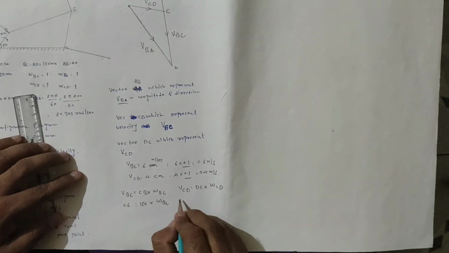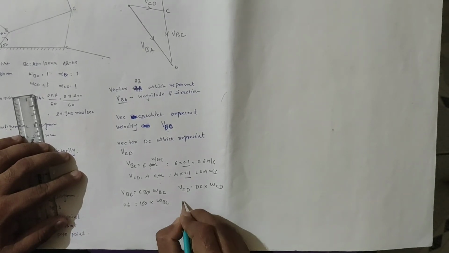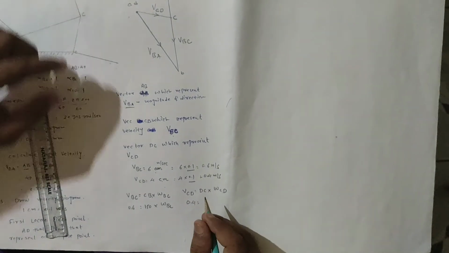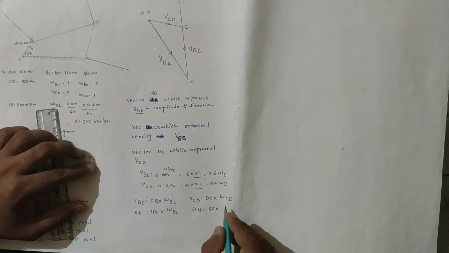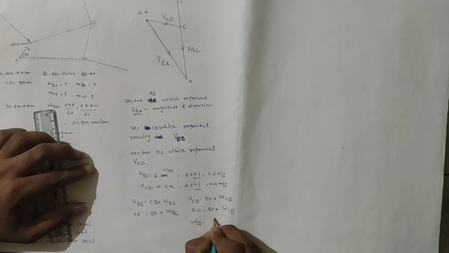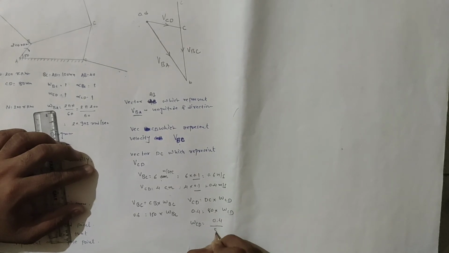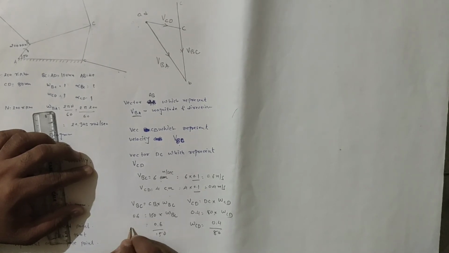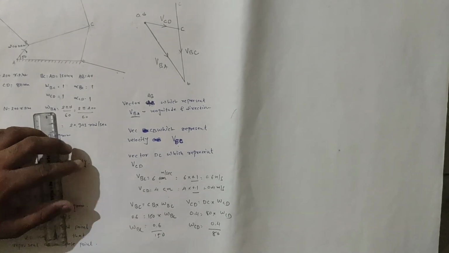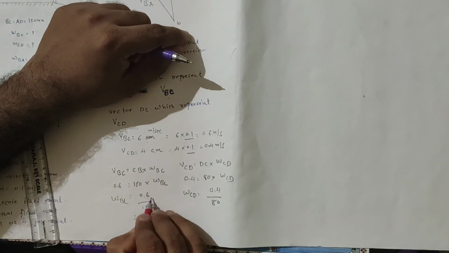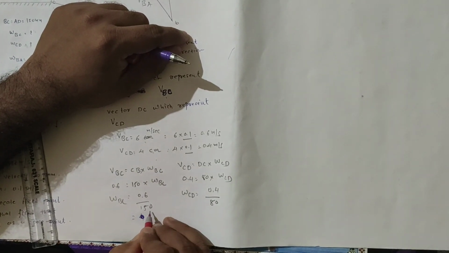So here once again VCD is 0.4, and DC is equal to what? This is 80 mm, and omega CD we have to find out. So omega CD is equal to 0.4 by 80, and omega BC is 0.6 by 150. From this we have to calculate. This 0.6 is in meter per second, and this 150 is in mm.